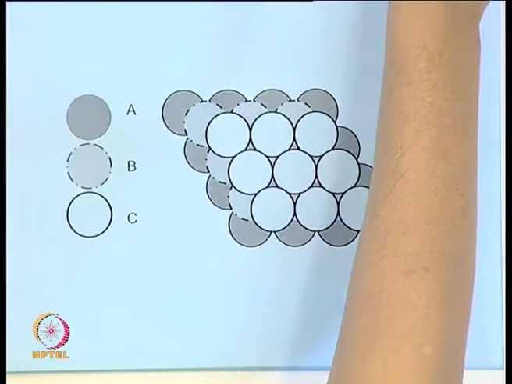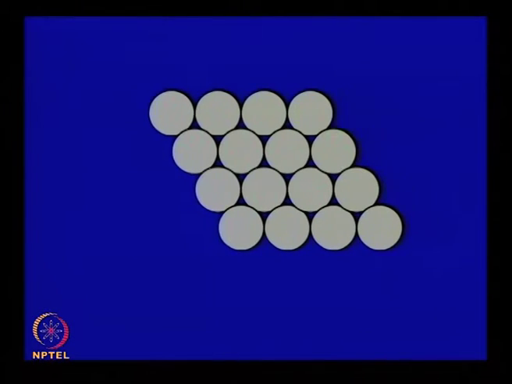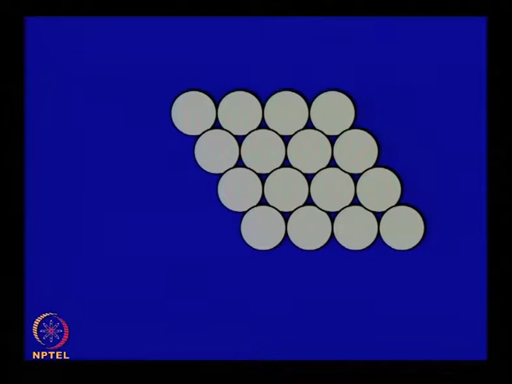Another thing, it will be interesting to look at the atomic array a little more carefully. They are arranged like this. This is a hard sphere, surrounding it you have 6 atoms.